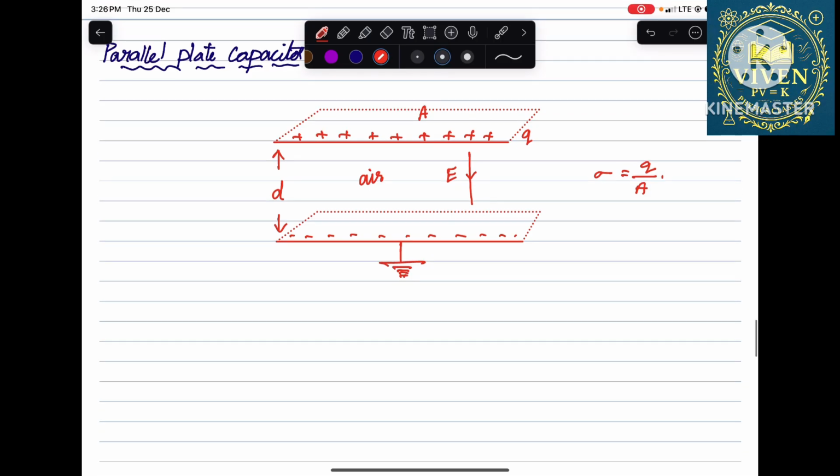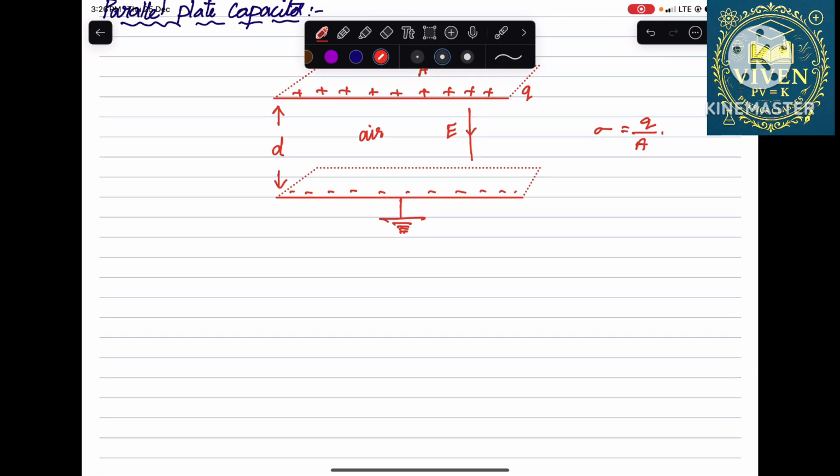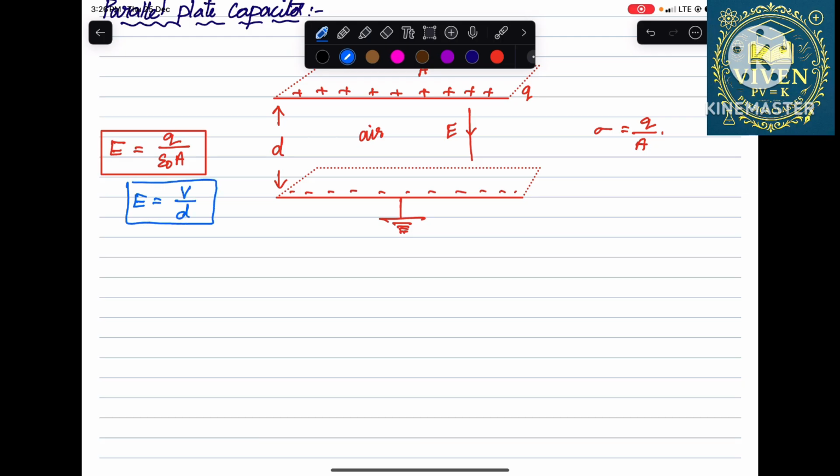If I would like to derive the formula for the capacitance of this parallel plate capacitor, it's going to be easy. From our definition, what is the electric field E? That is simply Q by epsilon naught times A. Already well known, previously only we calculated this one. But we also know E is equal to V upon d, where V is the potential difference between the two plates, and the distance separating the two plates is d.